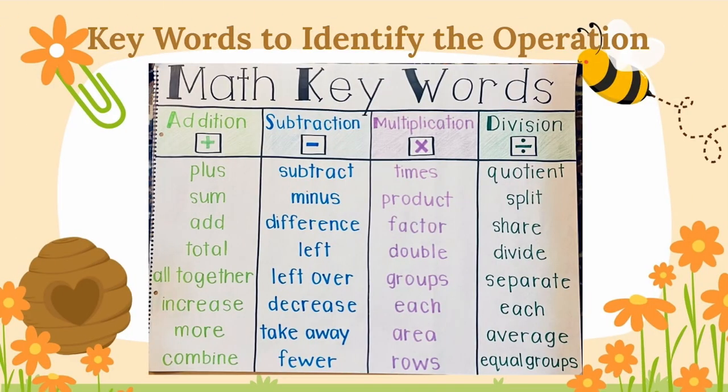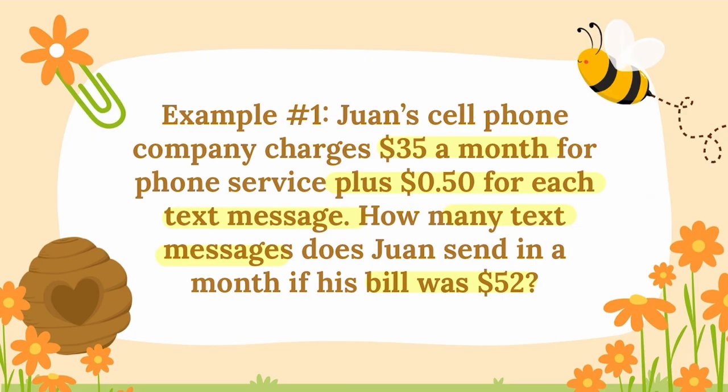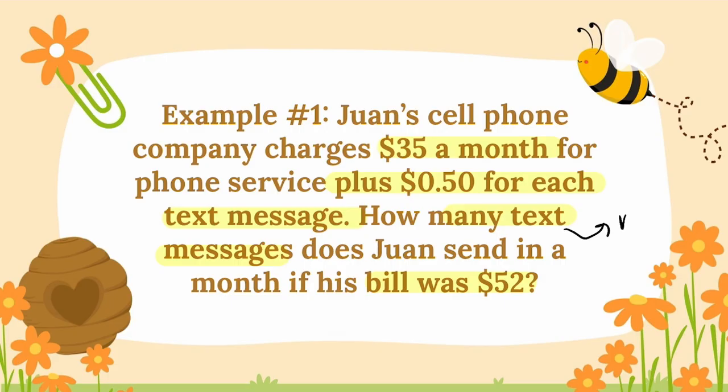So first we need to define the variable. What do we know and what do we not know? So the variable in this case is what we're solving for, the amount of text messages. So we can say X is equal to the number of texts.